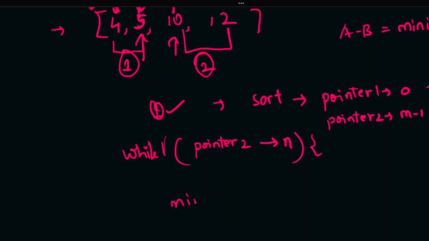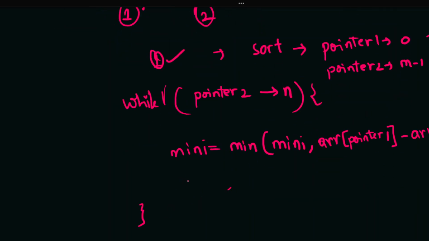And then minimum will be nothing but the minimum value of mini, comma, array of pointer 1 minus array of pointer 2.